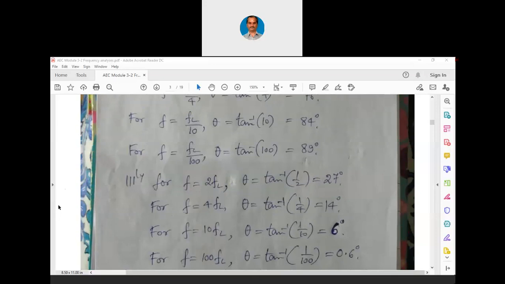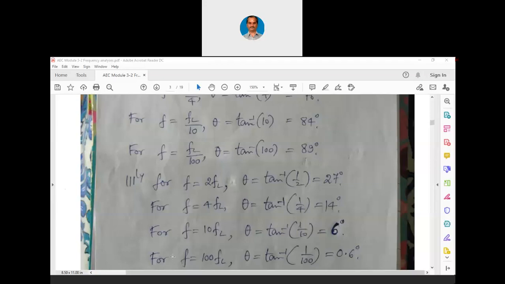It means that at one particular frequency, the phase difference between output and input will not be there. That is what is indicated here, right? The phase angle is reducing when the frequency is increasing, which means beyond a certain value, there will not be any phase difference between input and output.